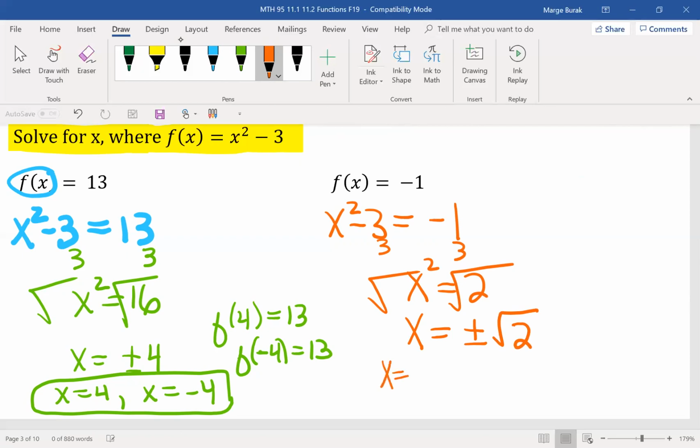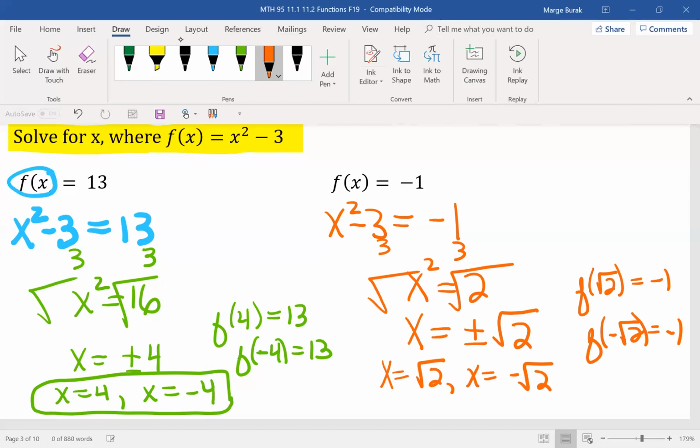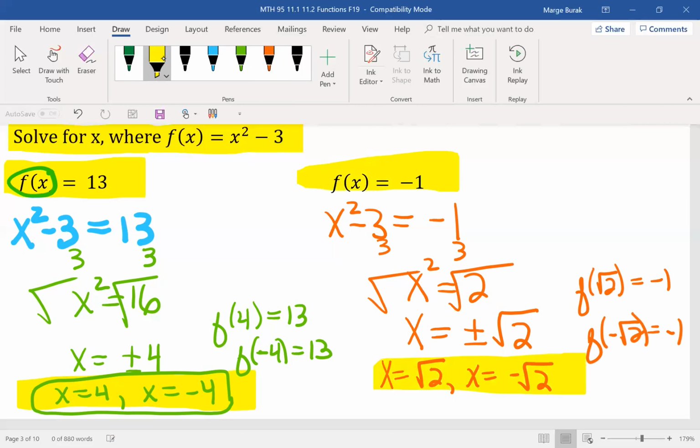So x equals the square root of 2, x equals negative the square root of 2, or f of the square root of 2 comes out to negative 1, f of negative the square root of 2 comes out to negative 1. Okay. Problem solution, problem solution. Okay, these are also ways to talk about the solution.